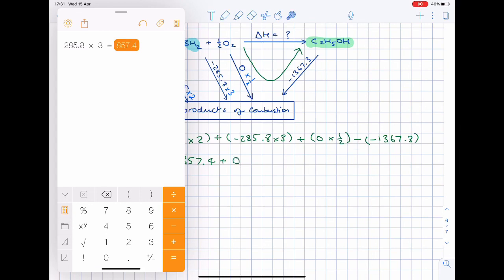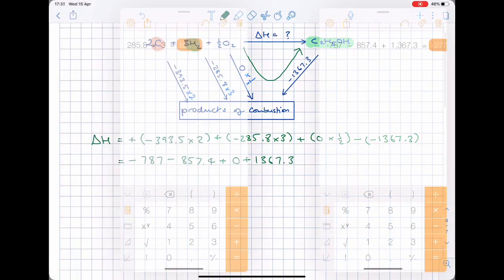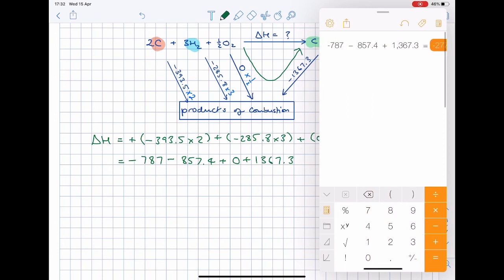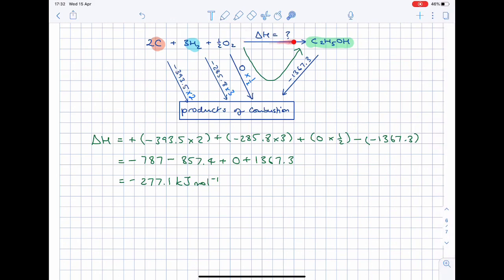And a minus and a minus is a plus, so that's plus 1367.3. Putting all that into the calculator, I get minus 277.1 kilojoules per mole for the enthalpy change here, which is the enthalpy of formation of ethanol.